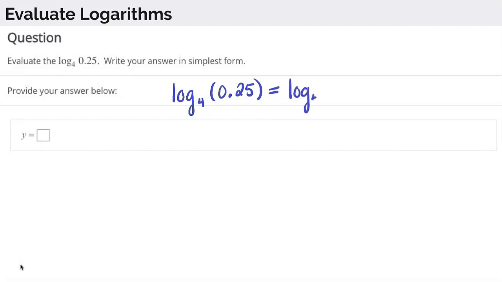So sometimes you might have to rewrite it to think through this a little bit more easily. Now that I've written it this way, I can see this is asking me what power I would need to raise 4 to get 1 over 4. So that would have to be a negative 1 exponent because all we did was take the reciprocal. So the value of this log has to be negative 1.